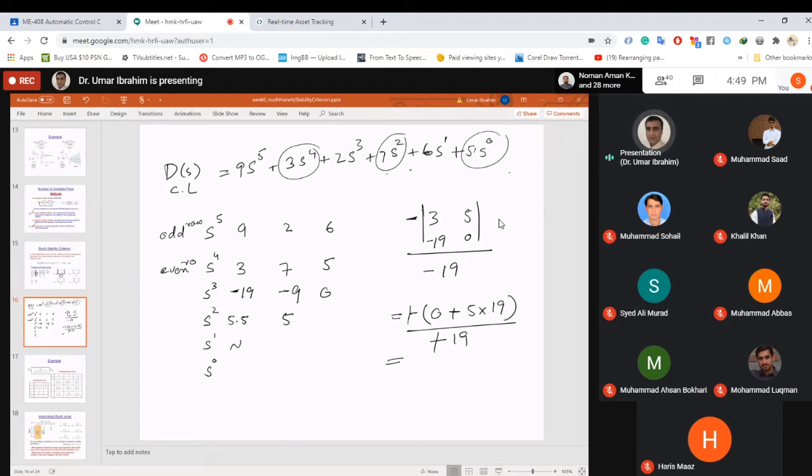What will be this value now? ये value क्या होगी? यहाँ पे क्या लिखूं?